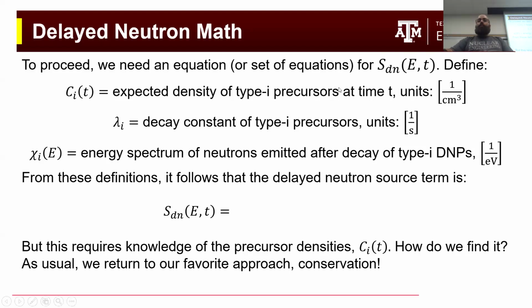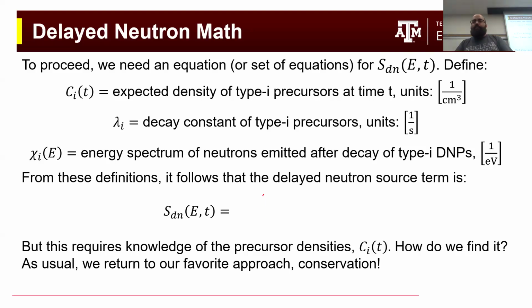And with these quantities, it follows that if I want to get a source rate density, which has units of inverse volume, inverse time, and inverse energy, I could get it by just multiplying all of these quantities together. And then if I have multiple delayed neutron precursors, I would need to add all of those quantities up for each delayed neutron precursor type.